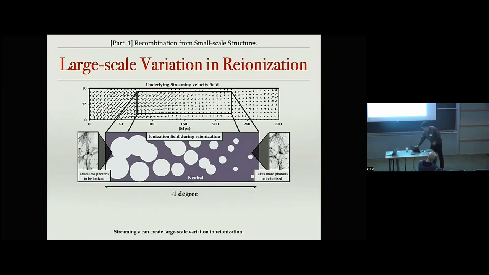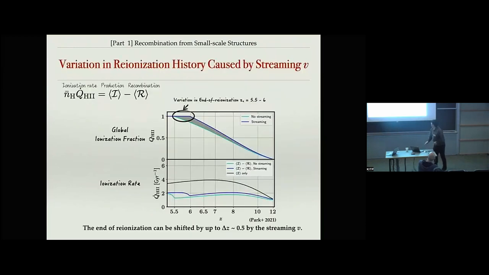I did one very simple one-zone calculation where I play with this ionizing photon production model. This black line is where the reionization gets inefficient at the end of reionization. In that case, if I just plug in this recombination rate from my simulation, the end of reionization can be scattered by nearly 0.5 in redshift, depending on what your stream velocity level is.